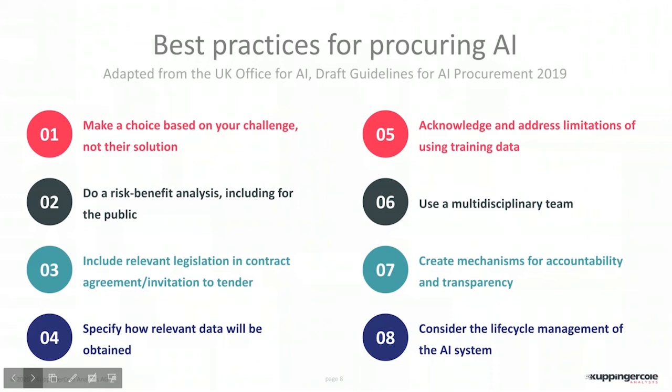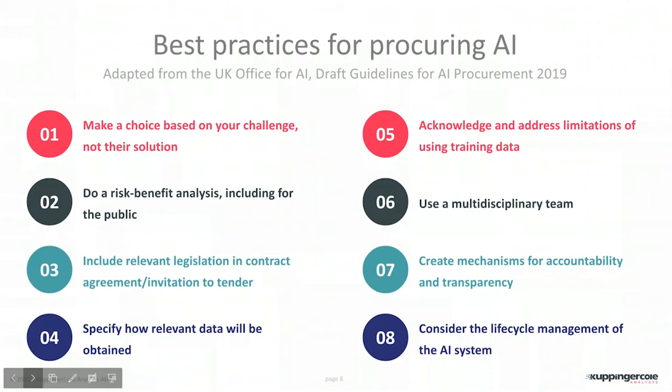Third, include relevant legislation in a contract agreement or invitation to tender. If and when there is relevant legislation in your jurisdiction or that of your end users, be upfront about those requirements that you may have of your AI vendor in order to be compliant. Fourth, specify how relevant data will be obtained.